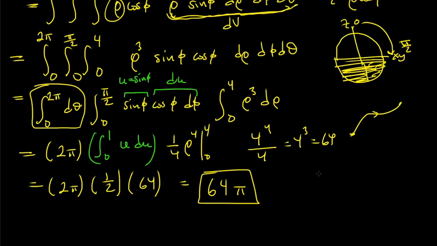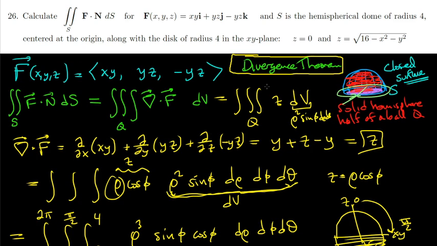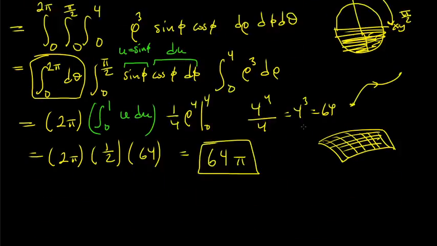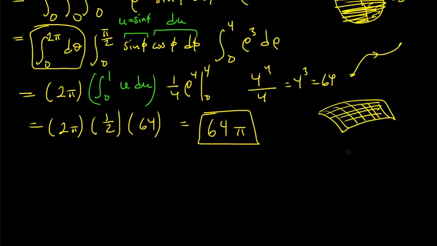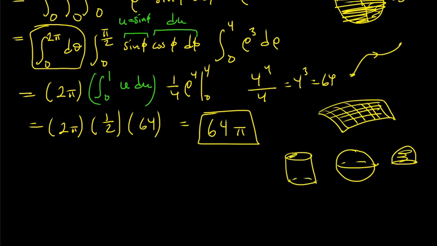If you're talking about a surface, if it's an open surface like this, then we would not be able to use the divergence theorem. The divergence theorem only applies to a closed surface. Like a sphere is closed, or half of a sphere, if you include the bottom part, is closed. A cylinder is closed as well if you include the top surface and the bottom surface, the two disks and the side.